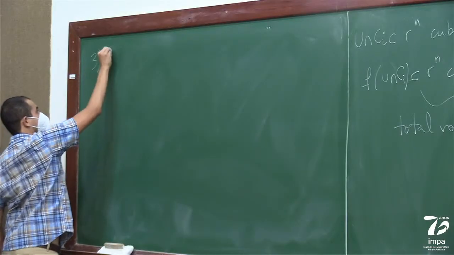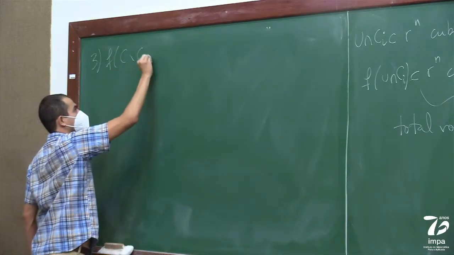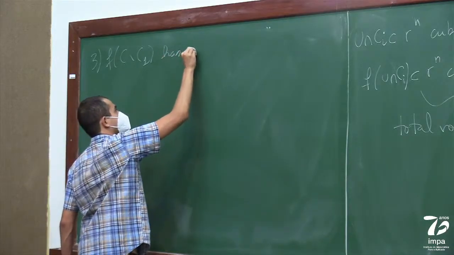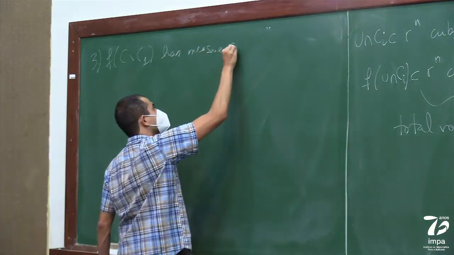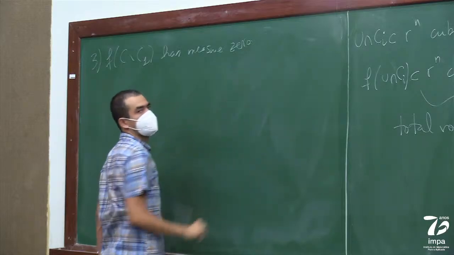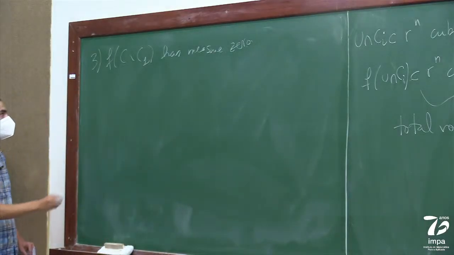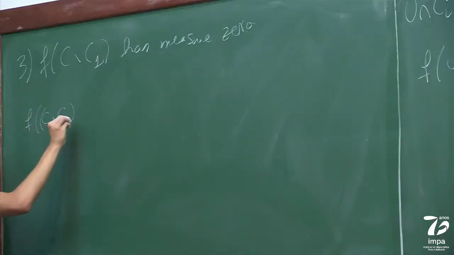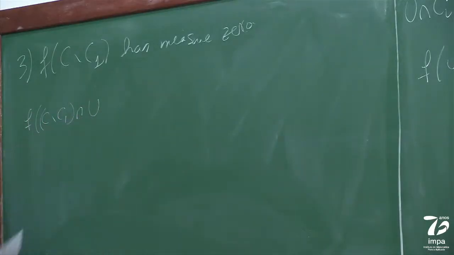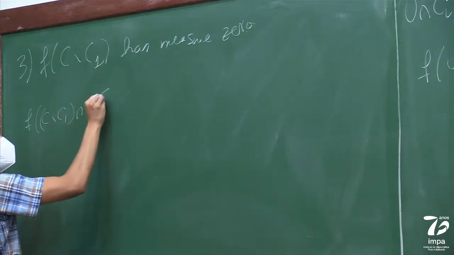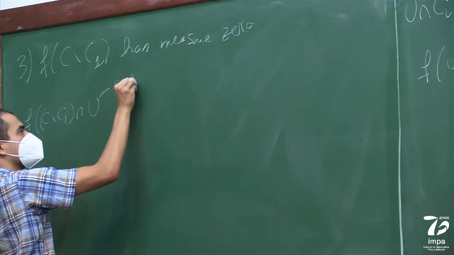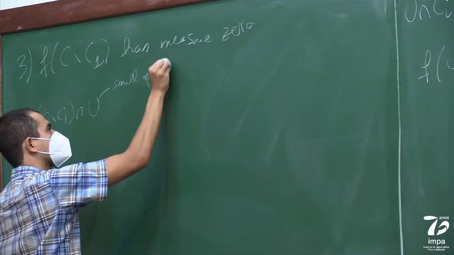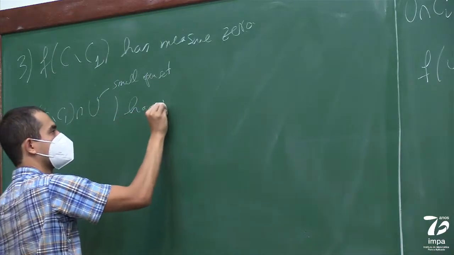The third step says that f of C minus C1 has measure 0. And again, we're going to prove that f of C minus C1 intersected with a sufficiently small open set has measure 0.